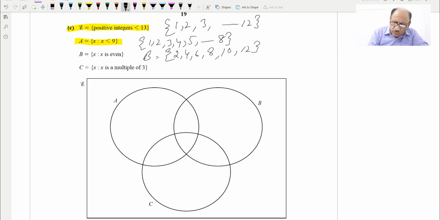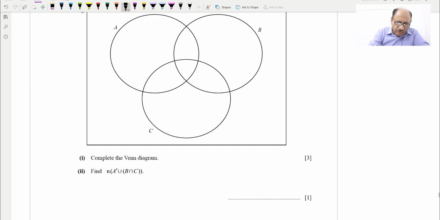Then C is multiples of 3. So multiples of 3 will be 3, 6, 9 and 12. So these are the members, and then they are saying complete the Venn diagram.